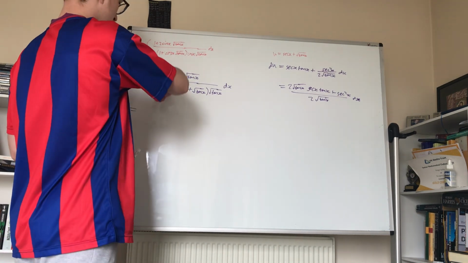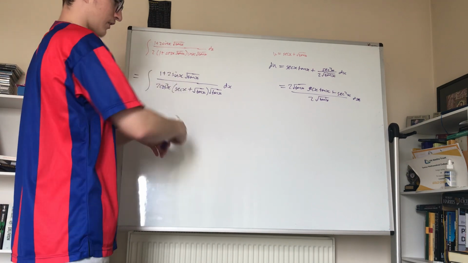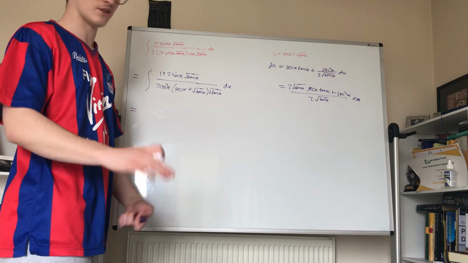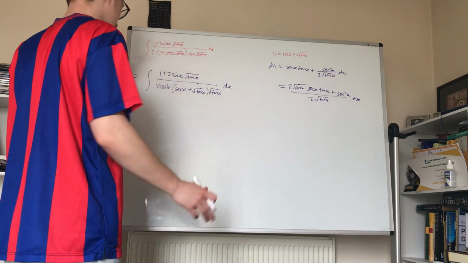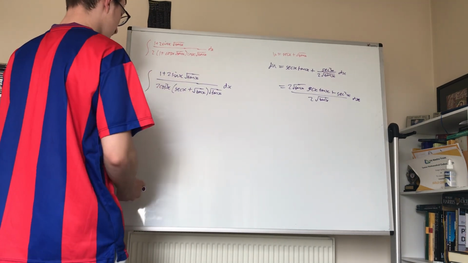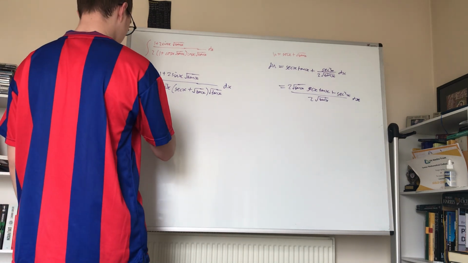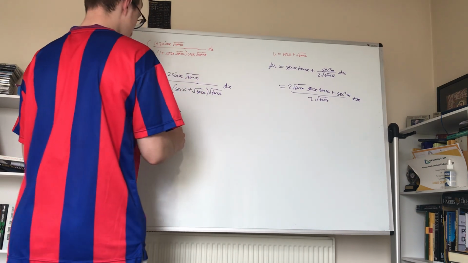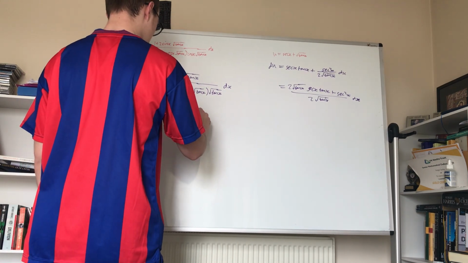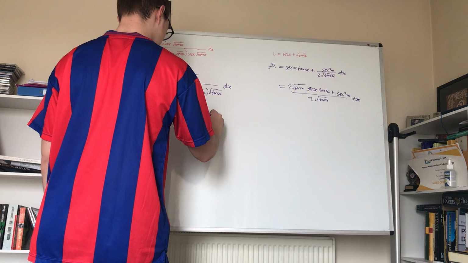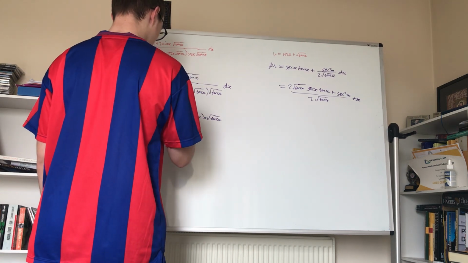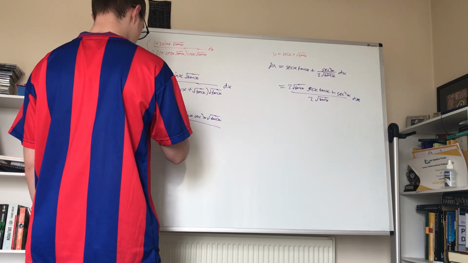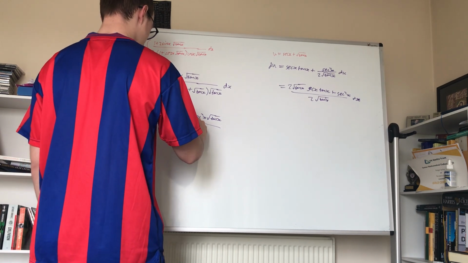You can also think of this as multiplying the top and bottom by sec squared, whatever helps. So this is the same thing as sec squared x plus 2 sine x sec squared x root tan x, all over 2 root tan x times sec x plus root tan x, dx.